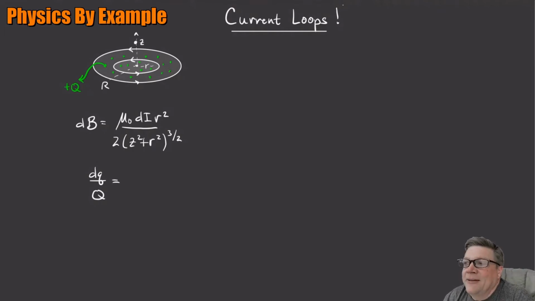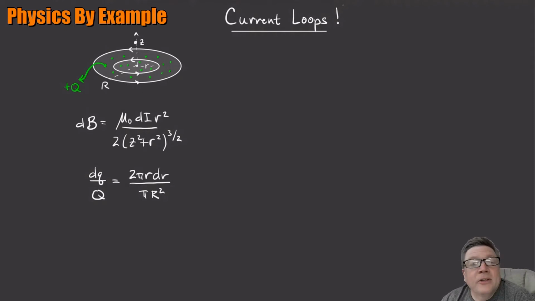There we go. What's the area of this little ring? It's going to be the circumference, 2 pi r, times its thickness, dr. And then what's the area of the entire disk? Pi big R squared. So that's our little ratio.